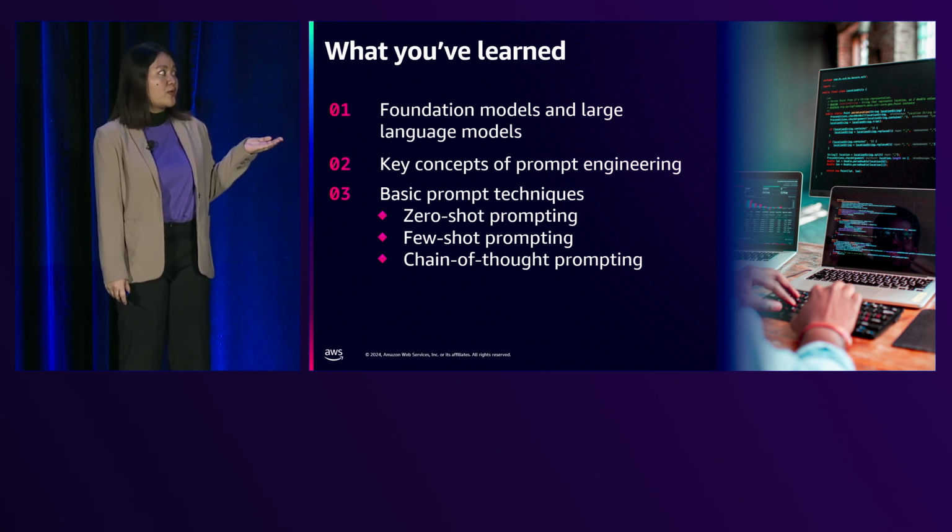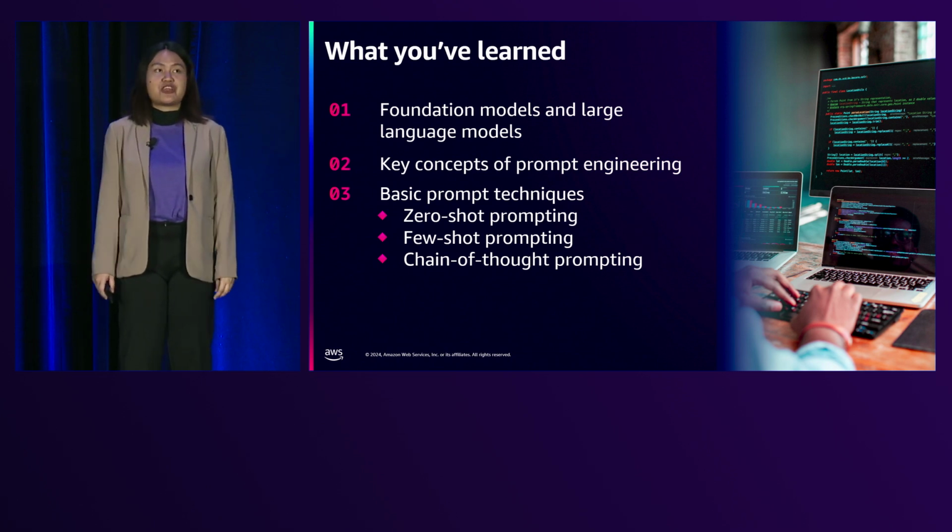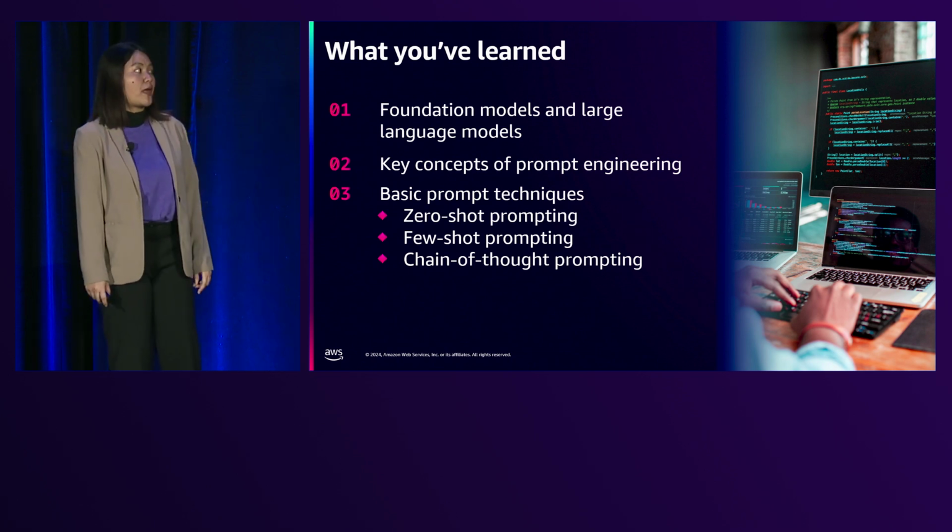Whereas with the few-shot prompting, you combine it with the chain of thoughts, you can have multiple questions inside of your prompt, and you provide the context and also the output when you're combining the chain of thoughts with the few-shot prompting.